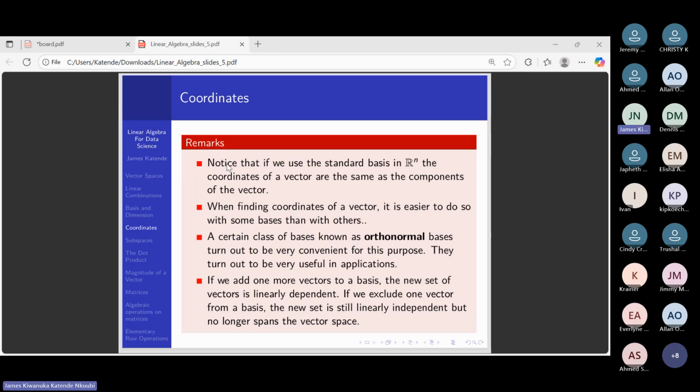Another observation we already made when working with R2 is that if you use a standard basis, then the coordinates of the vector are the same as the components of the vector. So there are some bases that are better than others.